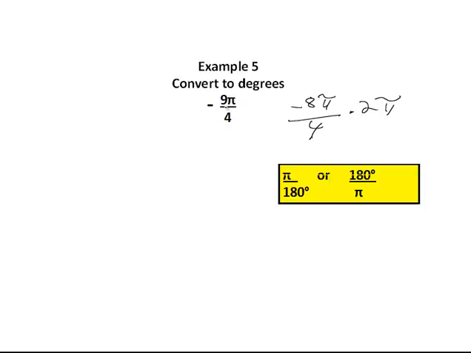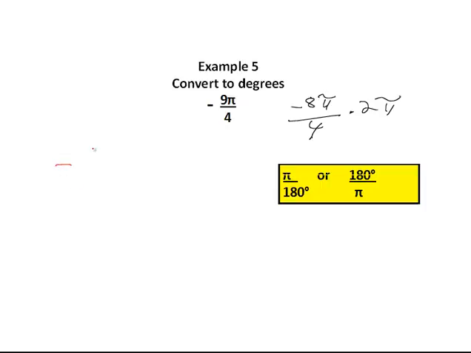So since it's 9, it's a little bit more than 2 pi, which means when I'm converting it to degrees, the answer has to be greater than 360. So before you even start the problem, just think about that, and that's a way you can double check.